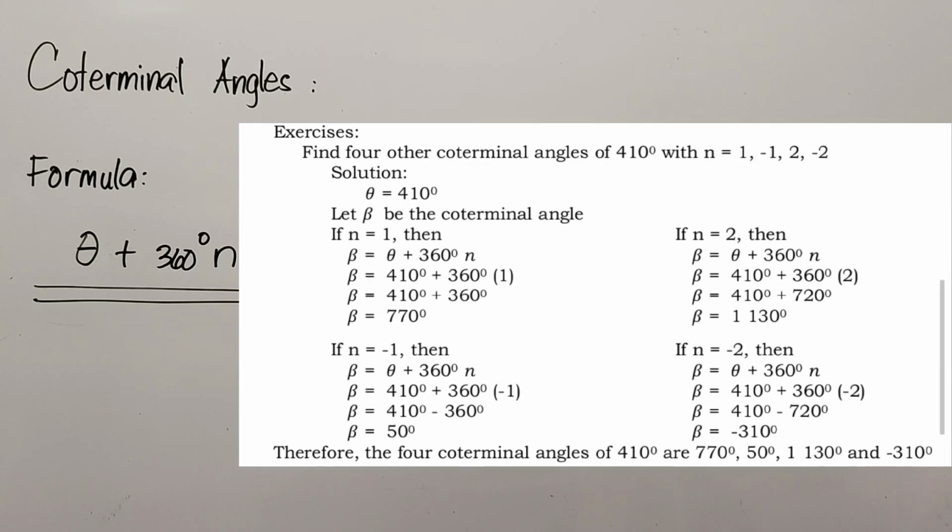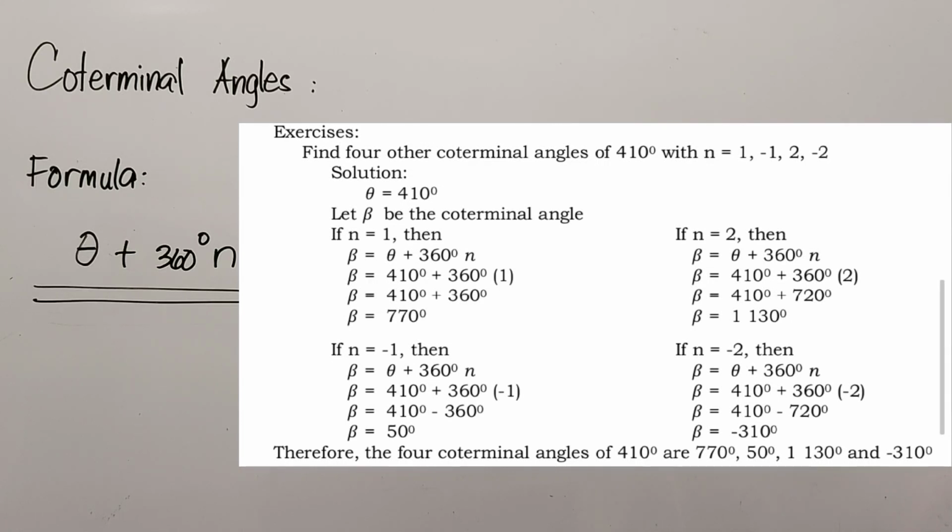For our n equals -1, again, substitute the n by -1. So you have 410 degrees minus 360 degrees. So your second coterminal angle is 50 degrees. For our n equals 2, by substituting the value of our n, we have the resulting coterminal angle of 1130 degrees.